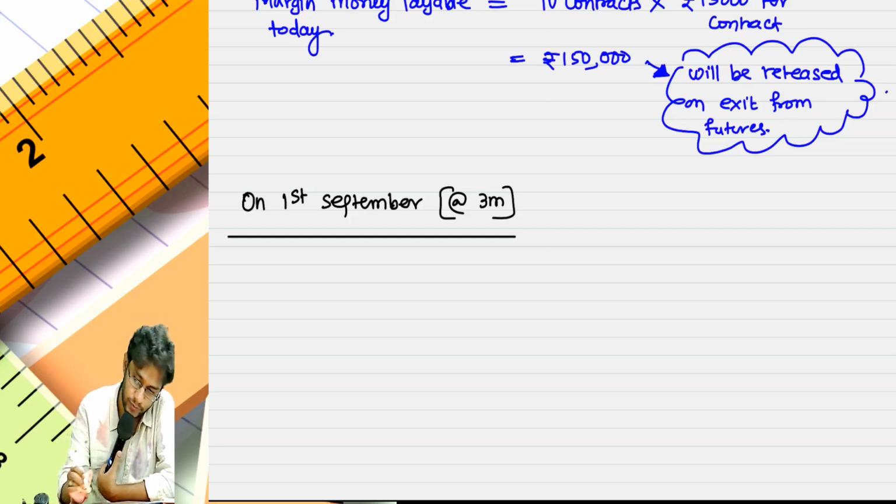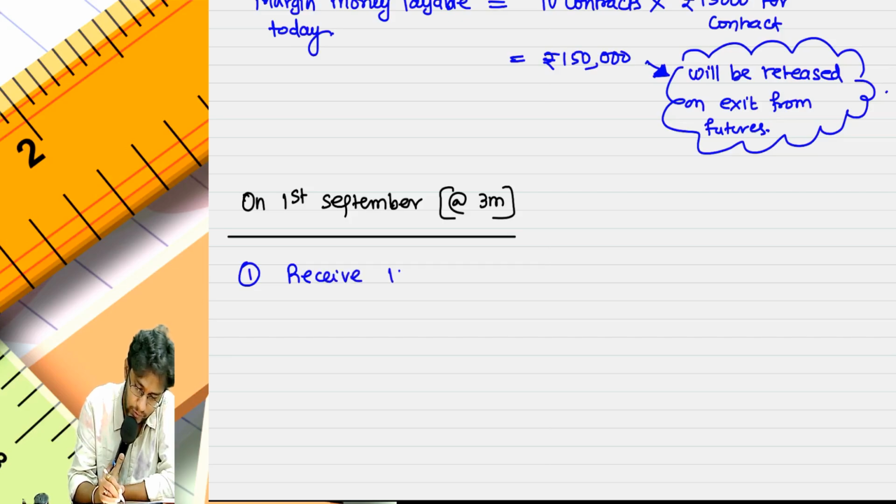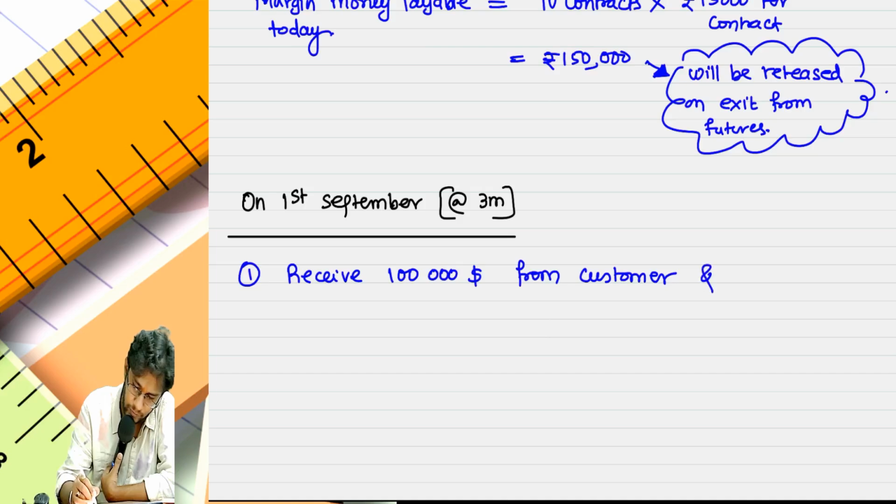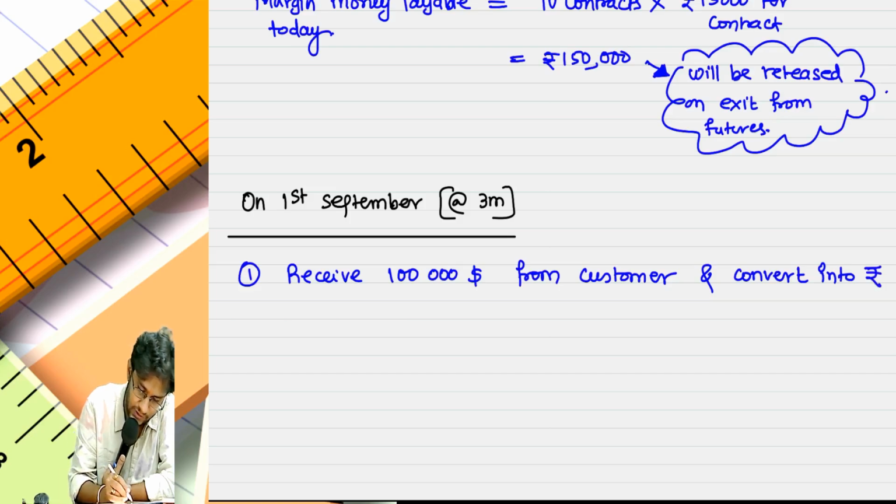Okay, first what should we do? Receive $1 lakh from customer and convert into rupees at prevailing spot rate.